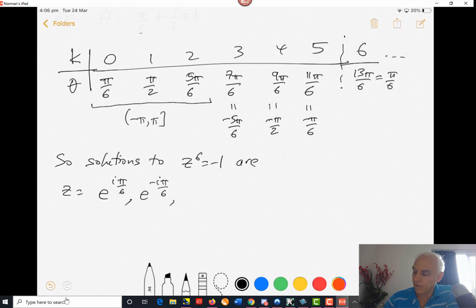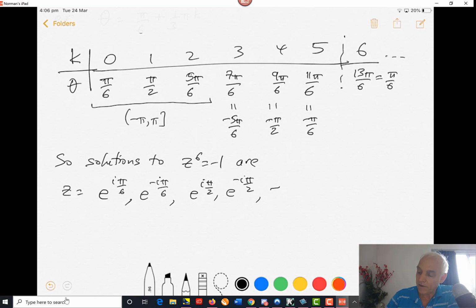And then e to the i pi on 2 and e to the minus i pi on 2. Those are also complex conjugates, so why not put them together? And then e to the i 5 pi on 6, positive first, and then e to the minus i 5 pi on 6. And where are these things?